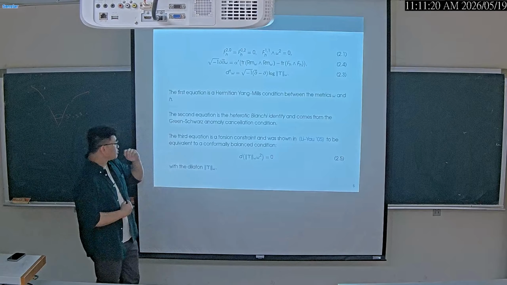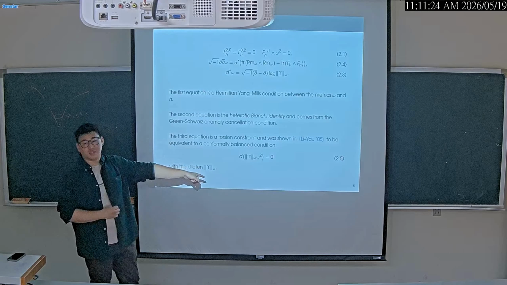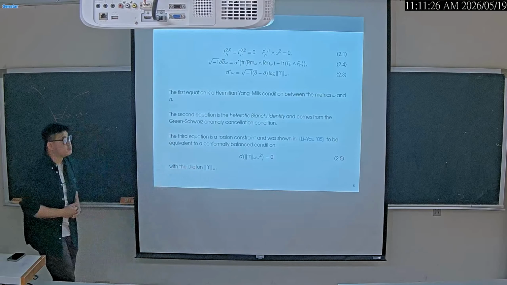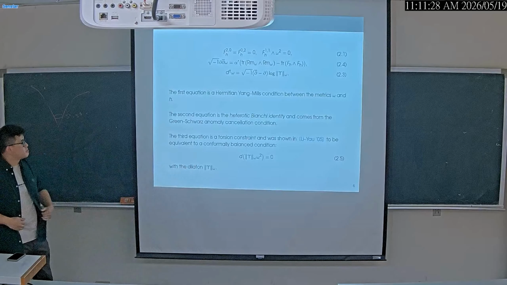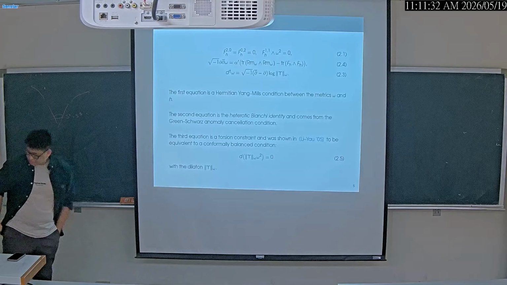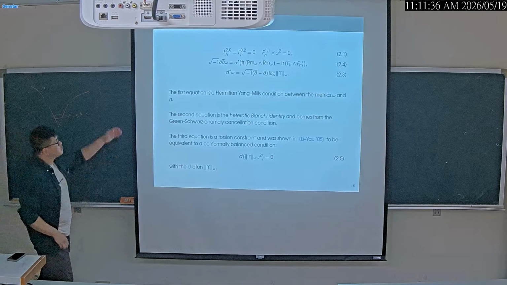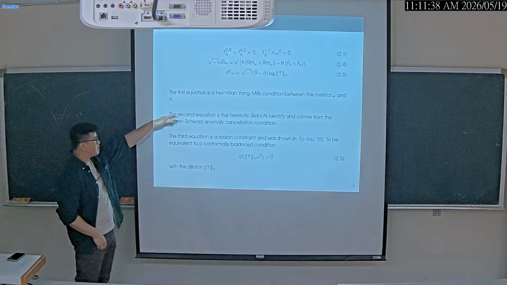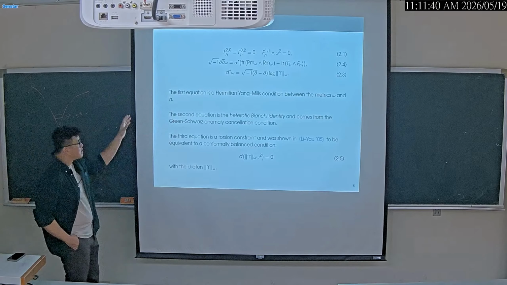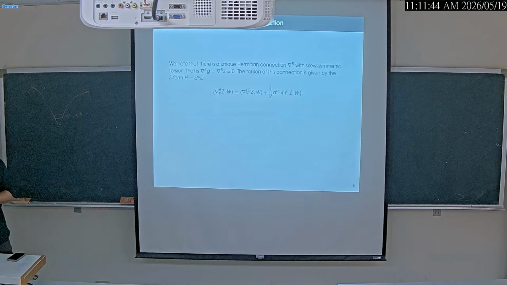Okay? But work by Li and Yau shows that you can actually write it equivalently as this conformally balanced condition instead. So we'll make that replacement. Okay, so again, 2.1, 2.4, and I guess you can replace 2.3 with 2.5. That is the whole system that we're trying to solve.